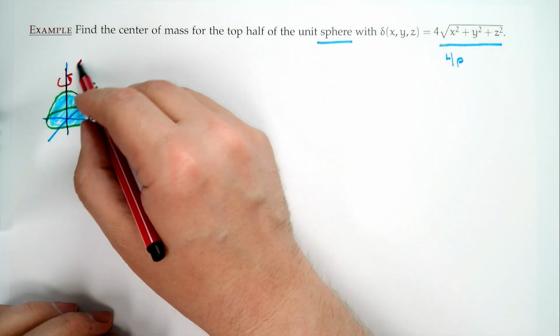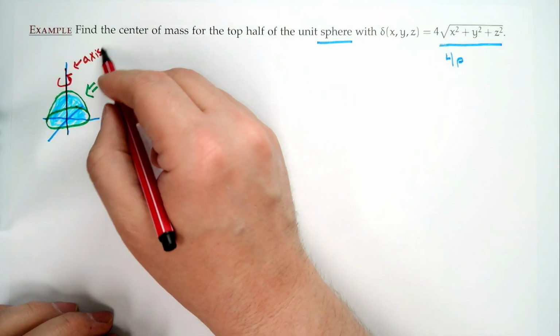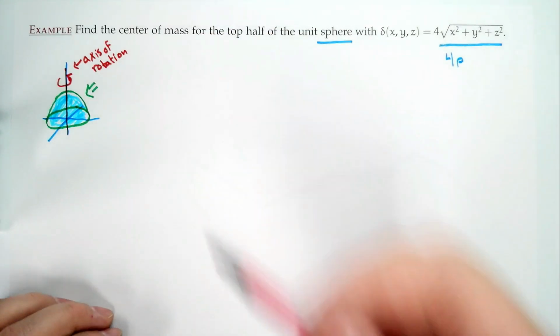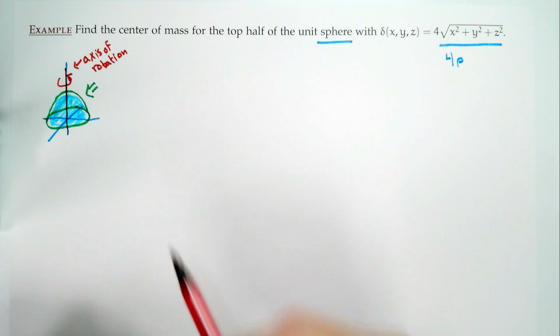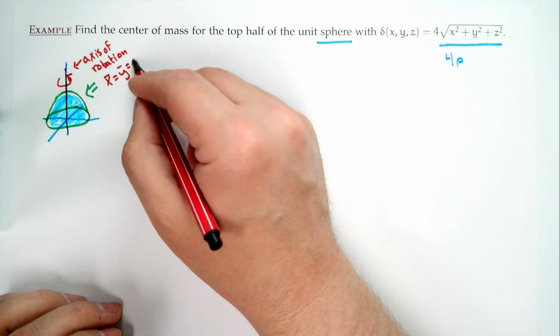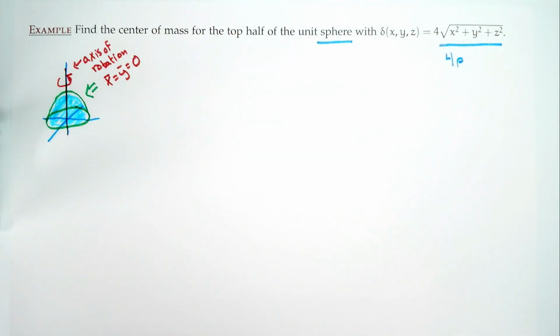So this is an axis of rotation. Because of that, we can conclude that the center of mass lies somewhere on the z-axis. That tells us that x bar and y bar are going to be 0. So we used the shape to help narrow our problem down. So now we have to find z bar.